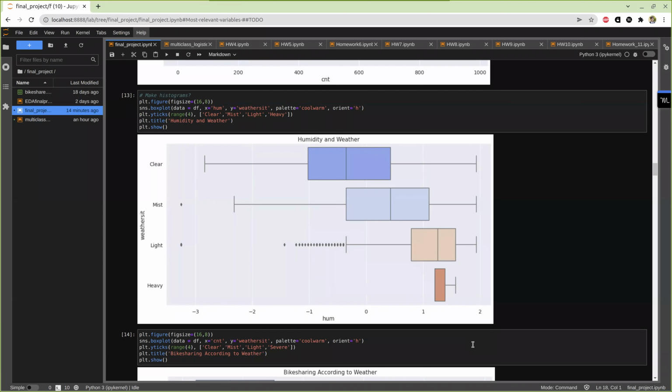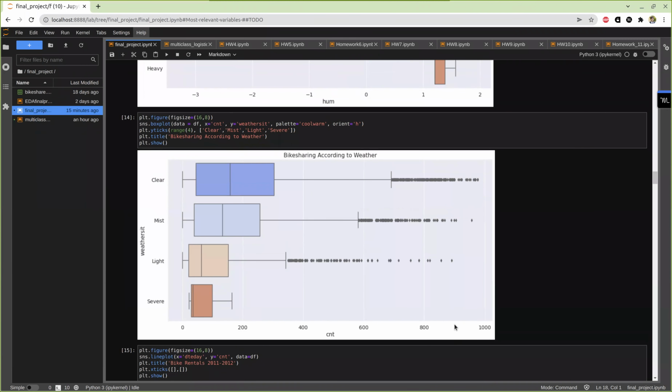And we also took an interest in humidity and weather. So as weather severity increases from clear all the way up to heavy or severe, humidity has a much narrower range and is much higher on average.